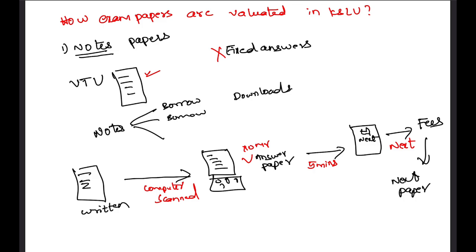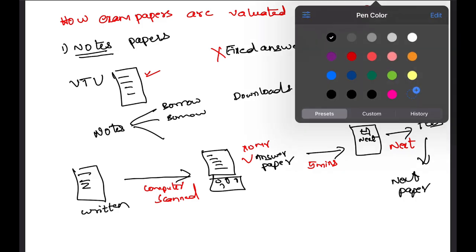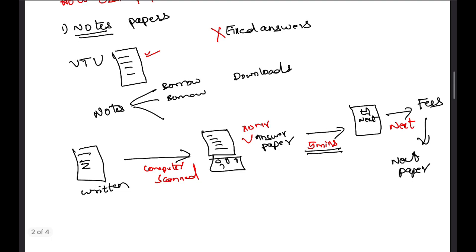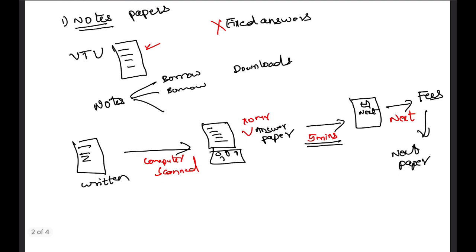So what happens is the teachers don't have much time to check the entirety of your paper, because 5 minutes is very little time to check your paper. So that is why there is also a bonus tip on how to pass the examination.